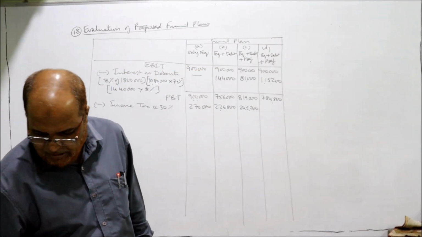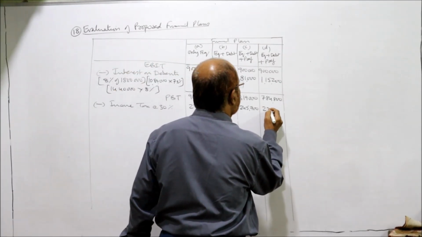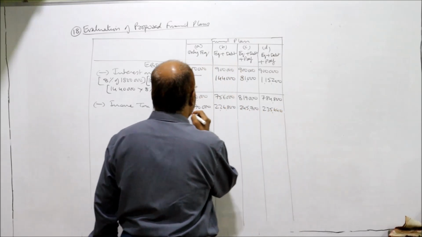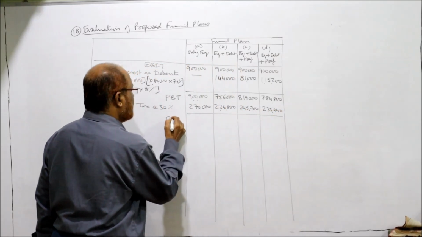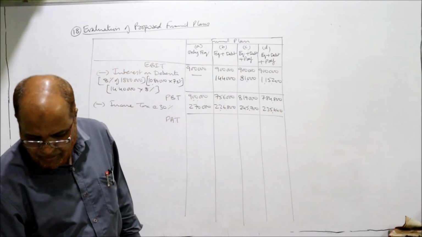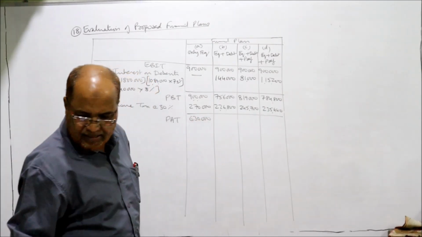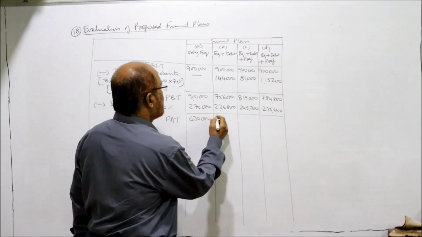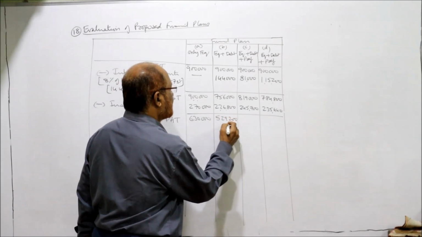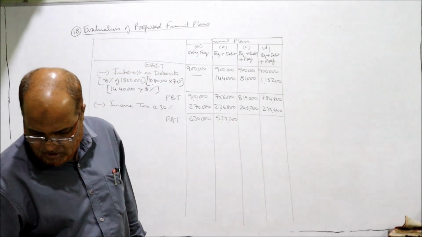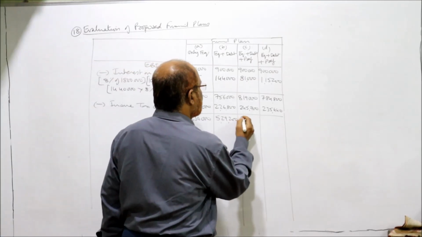Last one is 2,35,440. Subtract, we will get PAT. The PAT is 6,30,000. Next one is 5,29,200. Next one is 5,73,300.